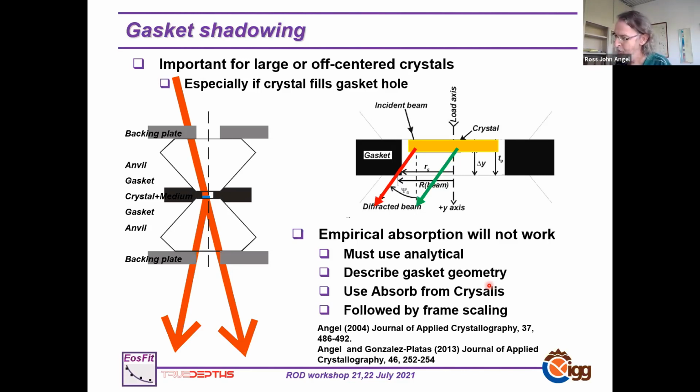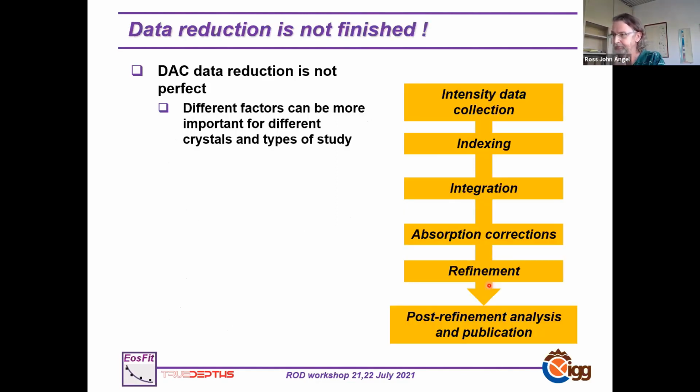It's a 60-year-old program, 62 years today, I think. I have to think about that, nearly as old as I am. And Chrysalis will help you interface with Absorb, do these absorption corrections. This is something to try after you've discovered you've got problems, and then follow that by frame scaling.